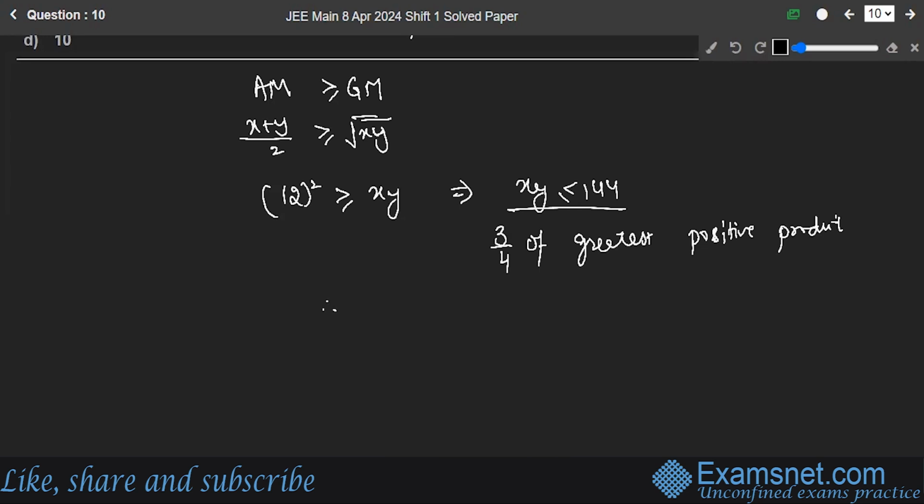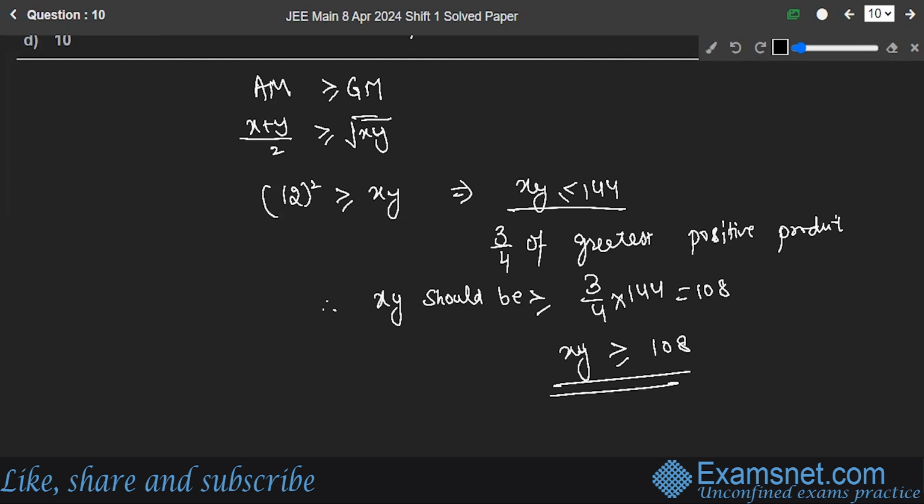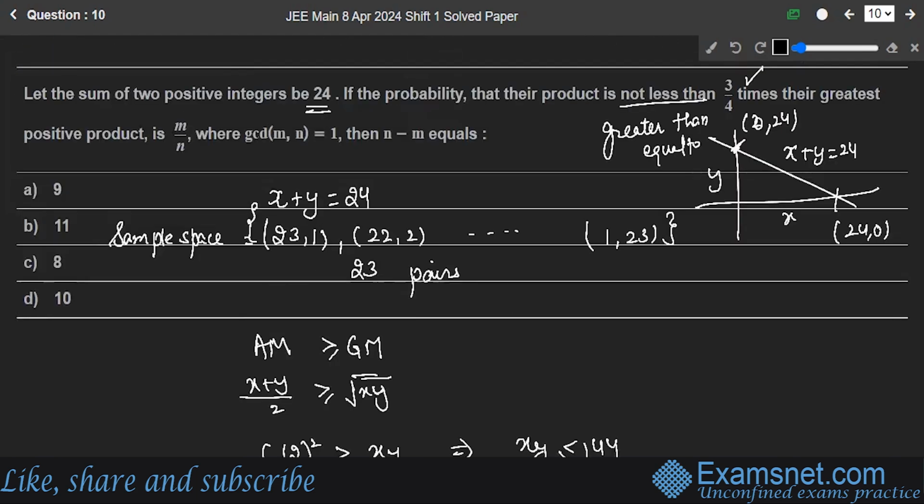Therefore, xy should be greater than or equal to 108. So you want two such numbers such that their product is greater than or equal to 108. Now pick those from this sample space which have a product greater than or equal to 108.